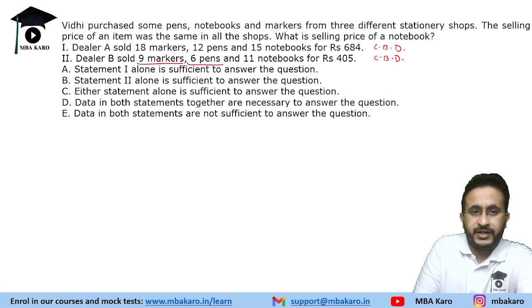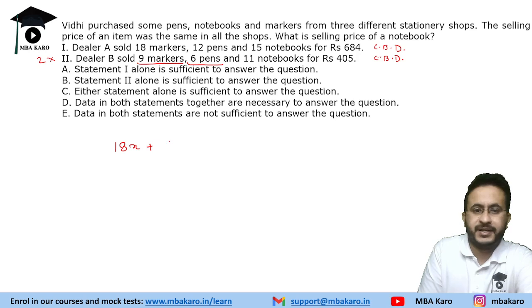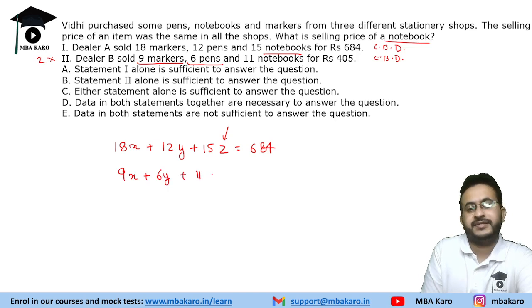If you multiply the second equation by 2, what will it become? Let us call these prices x, y, z. The first equation is 18x plus 12y plus 15z is equal to 684. We need to find the value of z. Now the second equation is 9x plus 6y plus 11z.